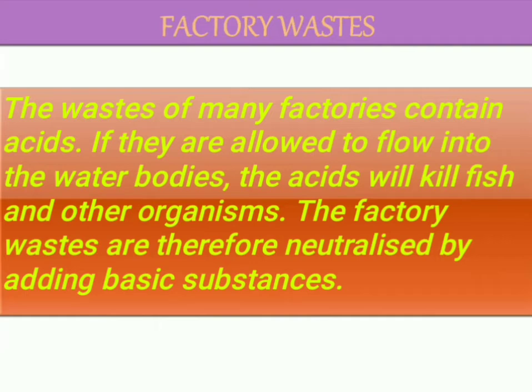So, if the factory waste is directly dumped into the water bodies, what will happen? Some factory waste will be acidic, or some will be basic. So, if it is dumped in the water bodies, it will affect the life of fishes and other aquatic organisms. So, the factory waste should be neutralized by adding a suitable basic substance if it is acidic.